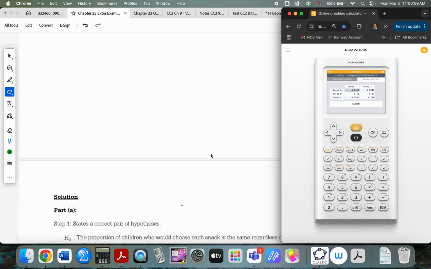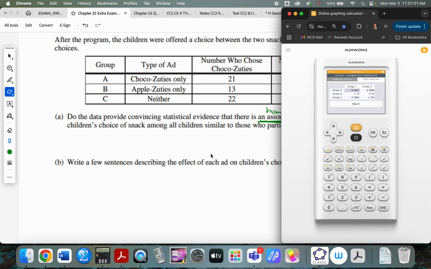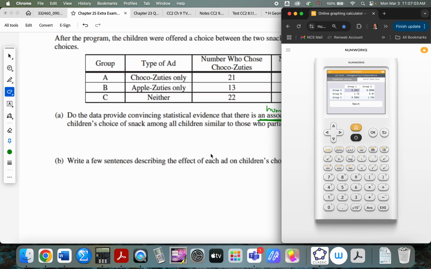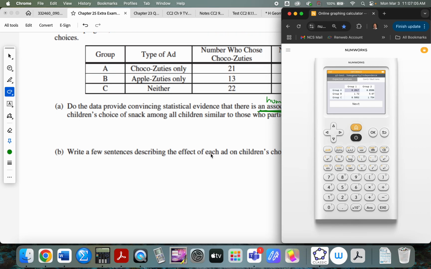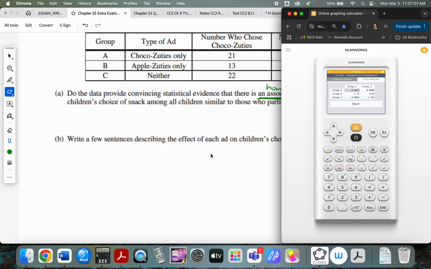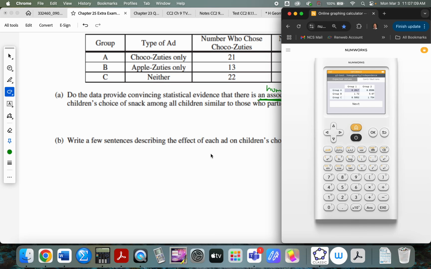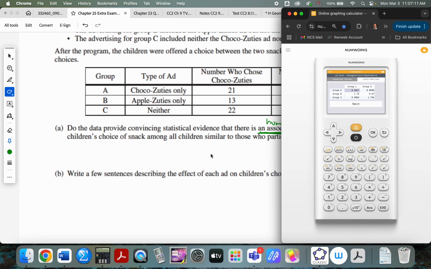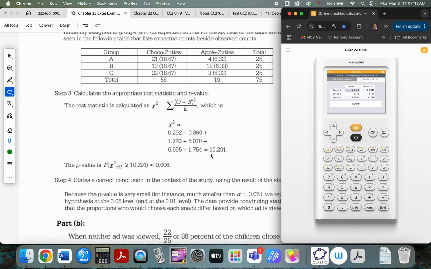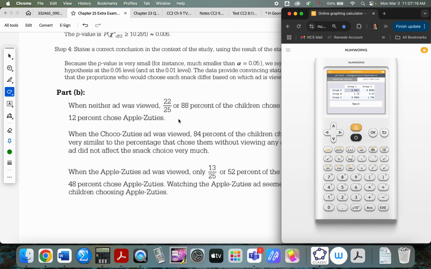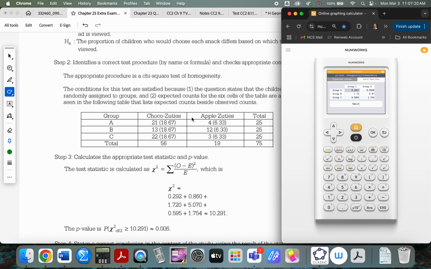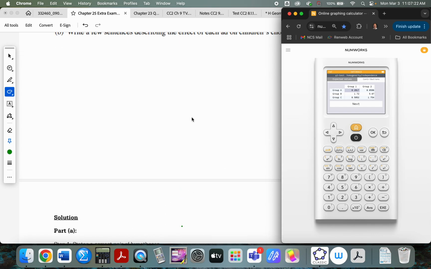I thought it was 22 out of 25. For neither, yeah, 22 who watched neither chose Choco Zooties out of the total 25. But that's why I was confused. All right, hang on just a second. Oh, this was when neither ad was viewed. Yeah, they did this. I would have gone in the same order.